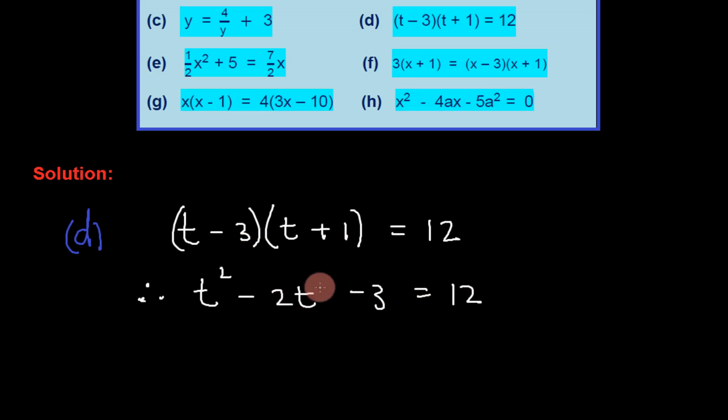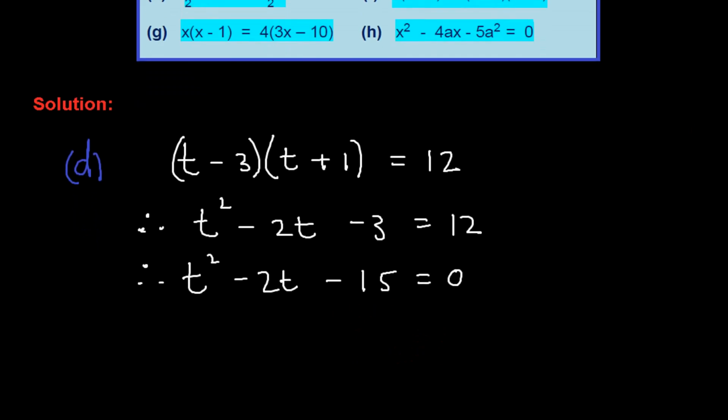Now we can bring the 12 to the left-hand side. And we get negative 15 on the left-hand side. Now the equation is in standard quadratic form, and we can use the cross method.